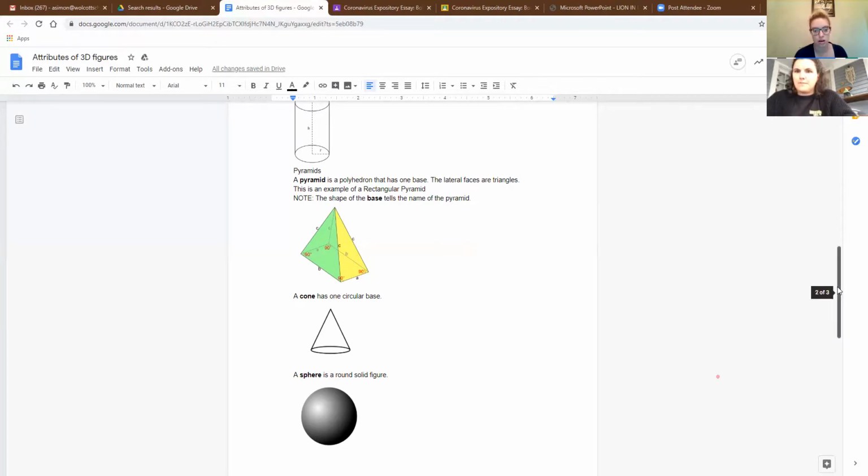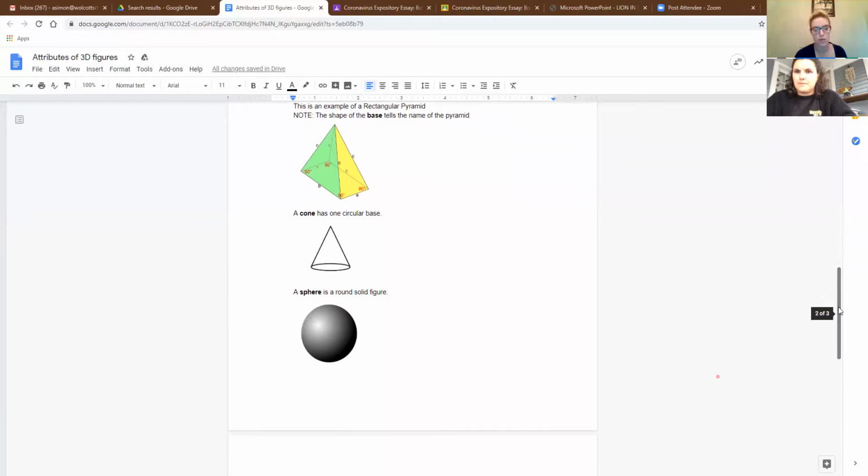All right. Our next shape is going to be a cone. A cone is not going to be a polyhedron because it has a circle as a base, and remember, circles are not polygons.